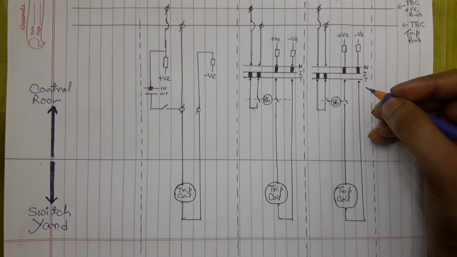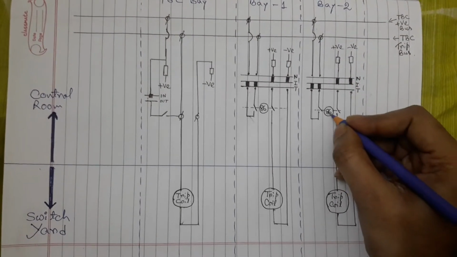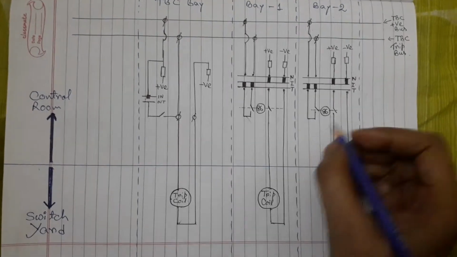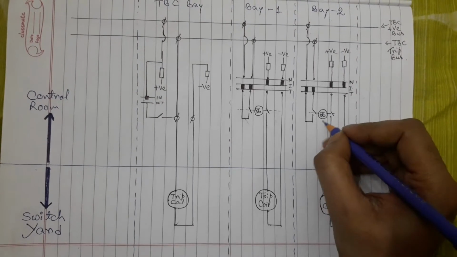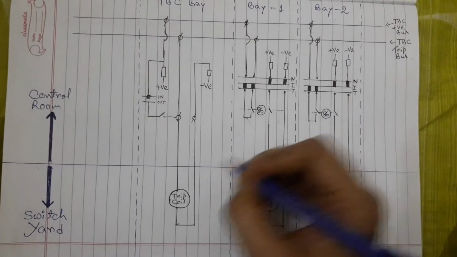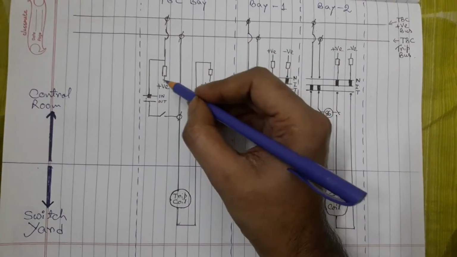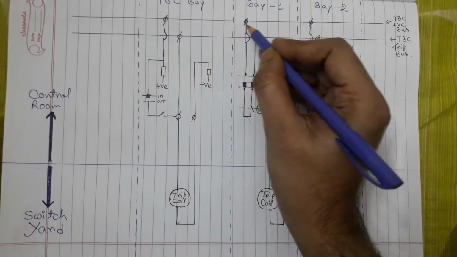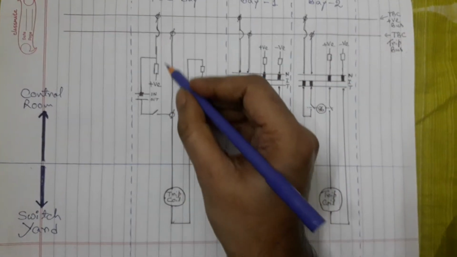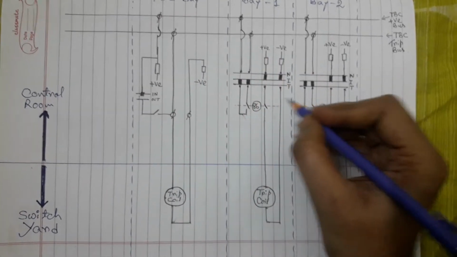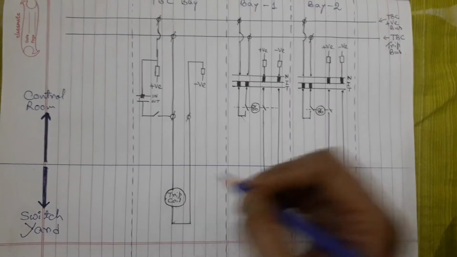Now if any fault appears in this line, then this 86 will operate. But see that this 86 is connected with this trip coil, and this 86 is also connected with this trip coil, because this is the bus wire and this is positive, and this positive comes to each and every bay, and each 86 is connected to this trip coil.